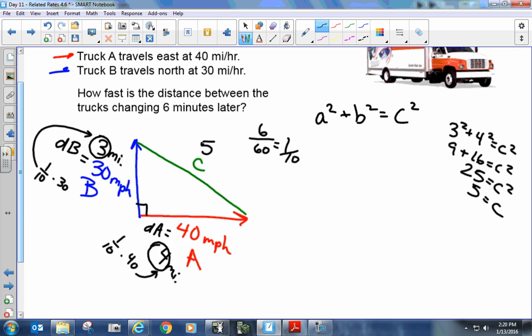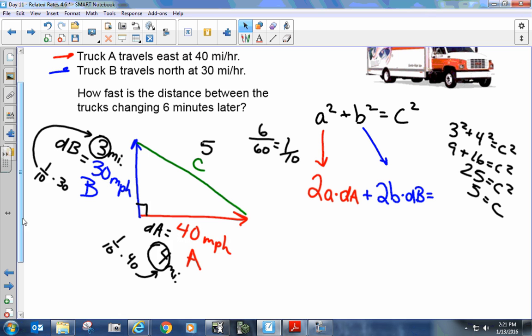Okay? 2a times dA, right? Everybody get that? It's 2a times the dA, times the derivative, or whatever a is. Plus, what comes next? 2b times dB equals 2c times dC.